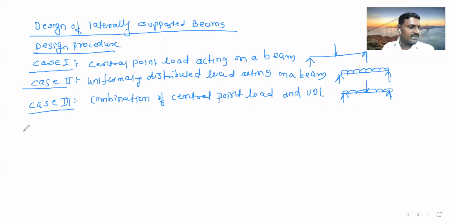Okay, so now we will see the procedure. So step 1. For these 3 cases, whichever case it is, we can follow the procedure in this way. Okay, step 1. Everyone please write down.